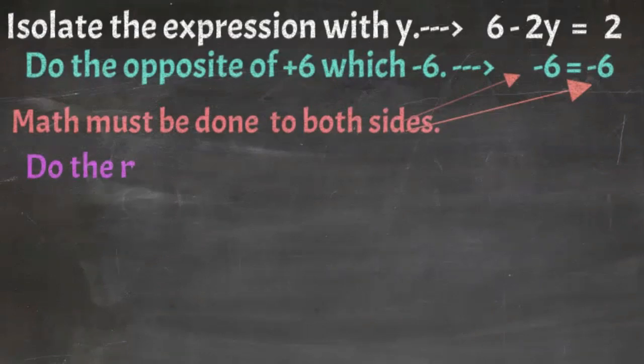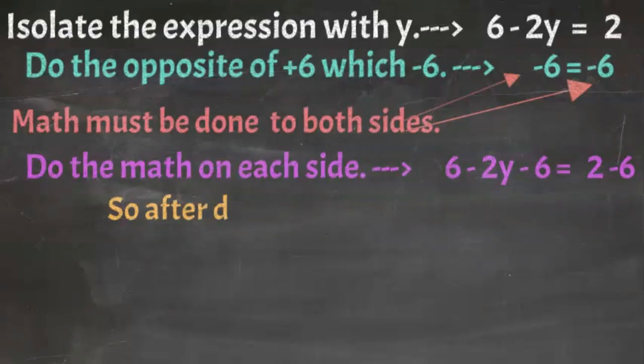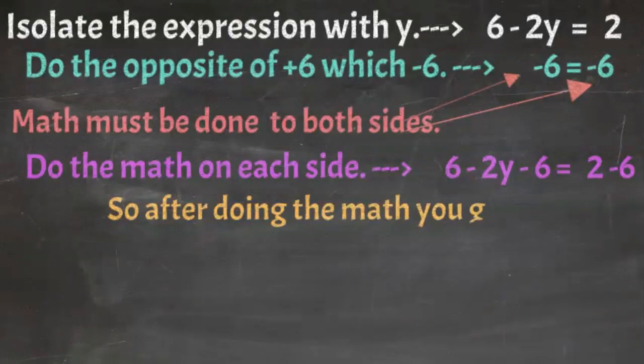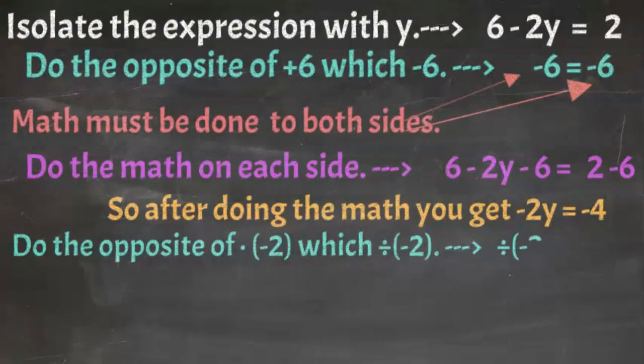So doing the math on each side, we get 6 minus 2y minus 6 is equal to 2 minus 6. So after doing the math, you get negative 2y is equal to negative 4. So now we still have to get rid of the negative 2, which we are multiplying by, so we do the opposite, which is dividing by negative 2.